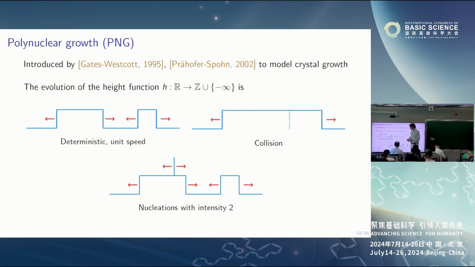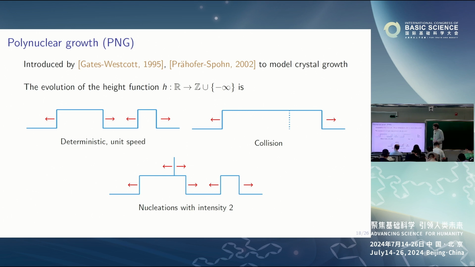So a typical height function will look like this. It has integer steps up and down, and we just draw the height function by vertical and horizontal segments. The vertical segments of the height function propagate deterministically with unit speed. This vertical segment propagates to the left, this one propagates to the right, and respectively for these vertical segments.